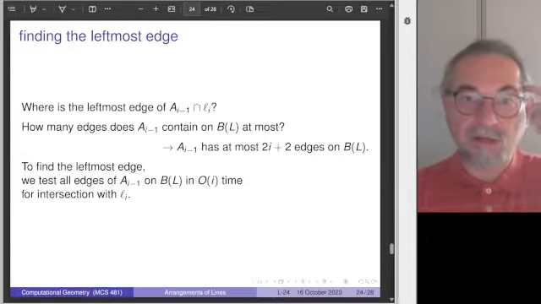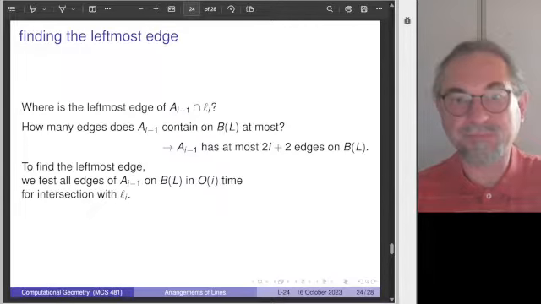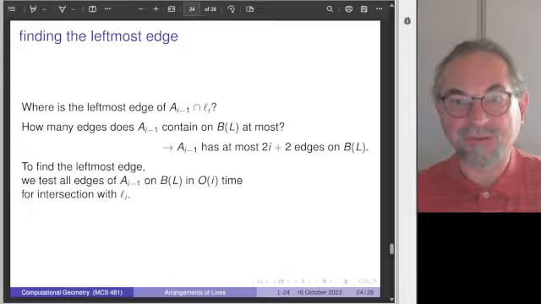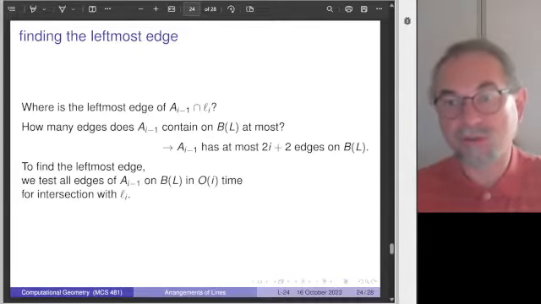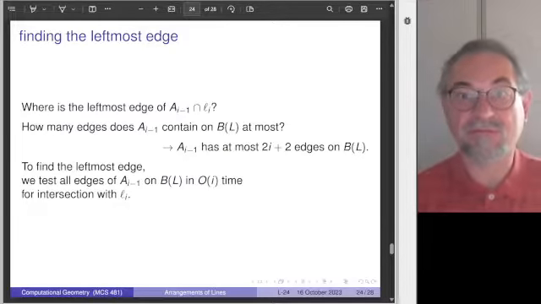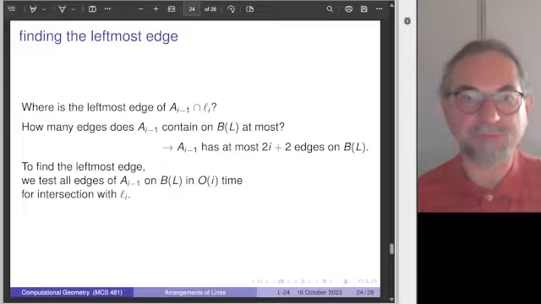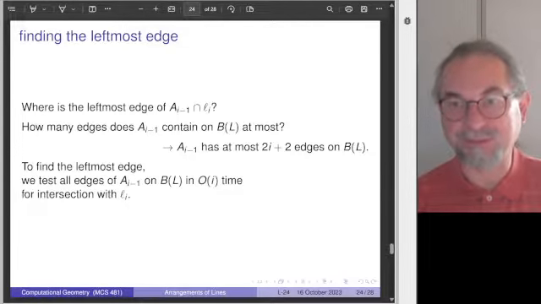Okay, how do we find the leftmost edge of the edges? Well, you consider all the edges on the bounding box. Sometimes it's to the left, sometimes to the bottom, or sometimes at the top or bottom, depending on the slope of this line. And that could be an optimization.